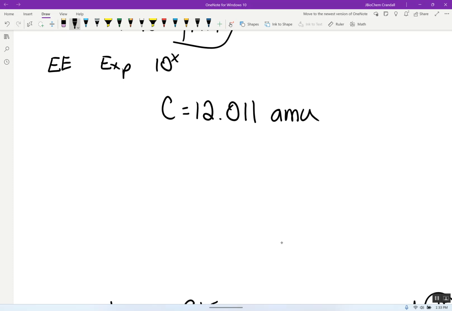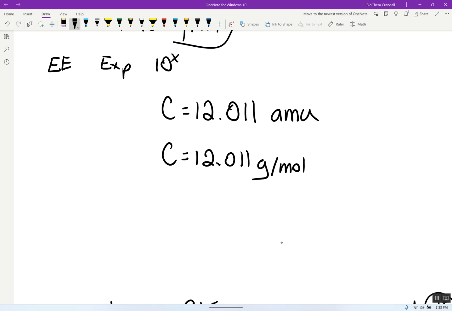That is the average atomic mass of carbon, including the carbon 12s, the carbon 13s, and the carbon 14s, right? Now, carbon is also equal to 12.011 grams of carbon for every mole of carbon.